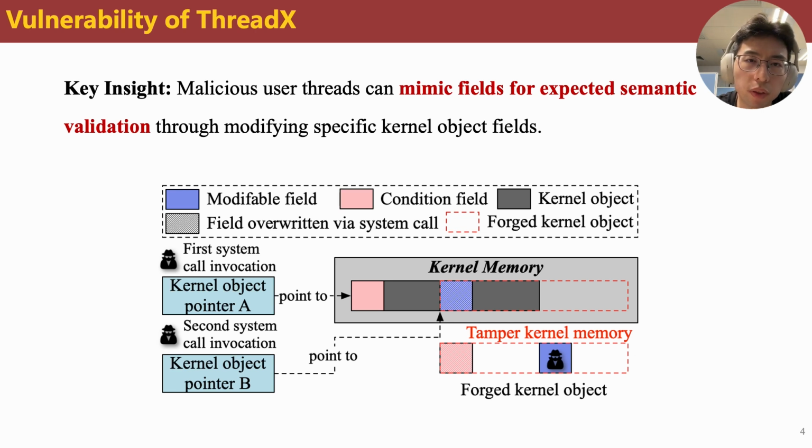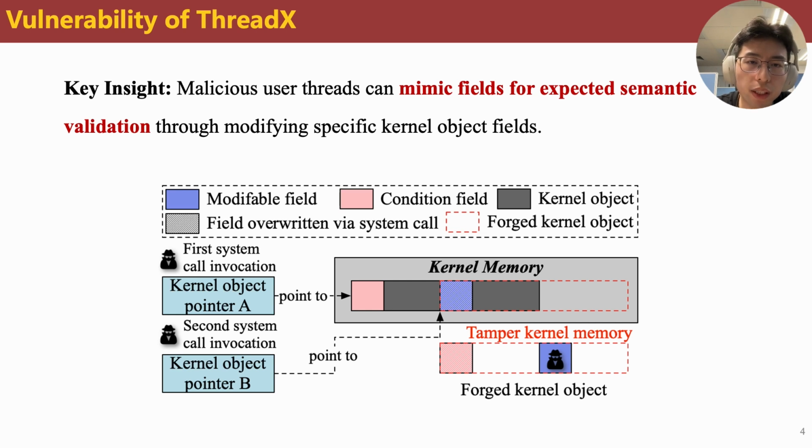If the modifiable fields of kernel object A align with the condition fields of kernel object B, then kernel object A can be used to forge a valid kernel object, bypassing parameter sanitization and enabling exploitation of kernel object B. To achieve this, we first invoke a system call and set A's modifiable fields to values that will satisfy B's checks, and then we issue a second system call invocation, which will treat the modified region as a valid kernel object.